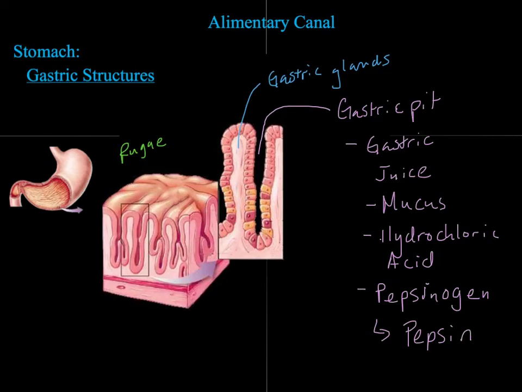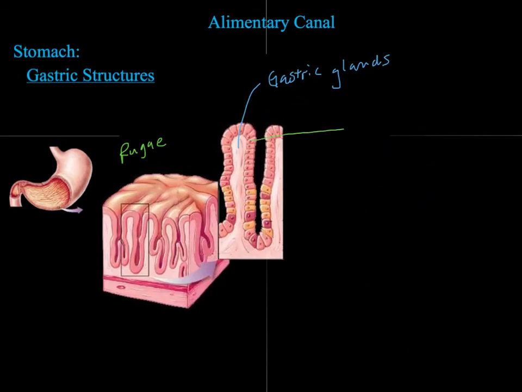Taking a closer look at the cells that make up the gastric glands, the first type of cell is a mucus cell, and a mucus cell produces mucus.